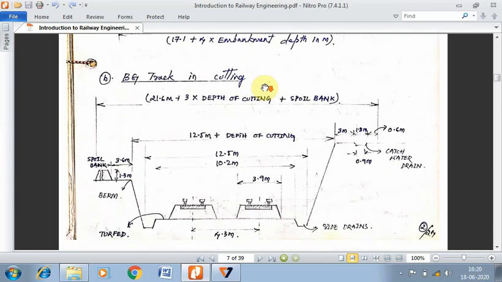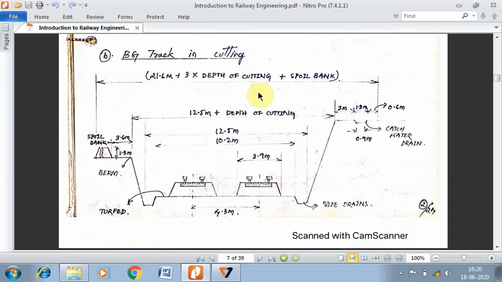Now next, talking about the broad gauge track, here you will be having two such tracks, broad gauge track in cutting. So this is what I meant to say. You will be having the berms being shown. So these are the berms, okay, on either side. So you'll be having two such railway tracks here. The center to center spacing of the railway tracks is expected to be around 4.3 meters.